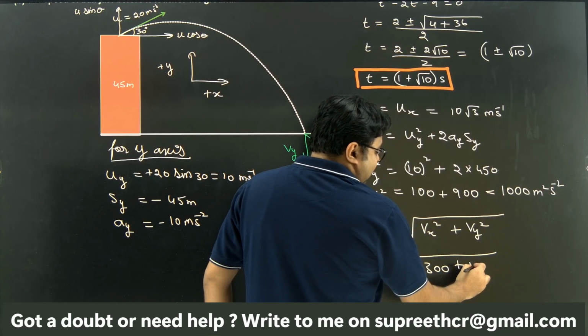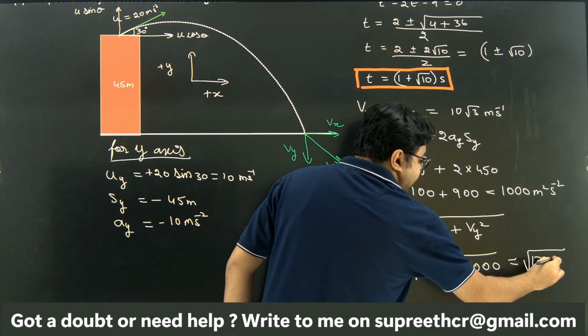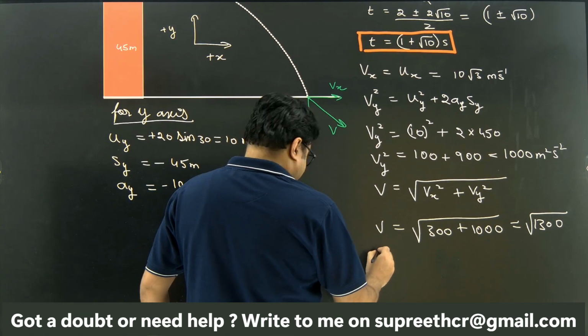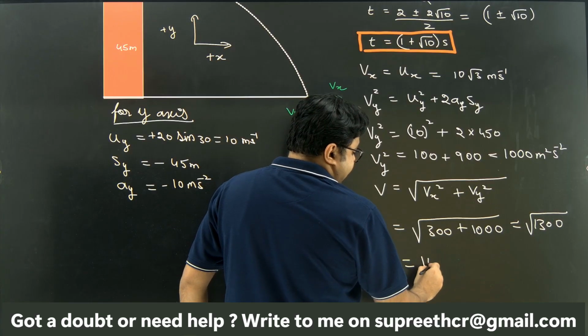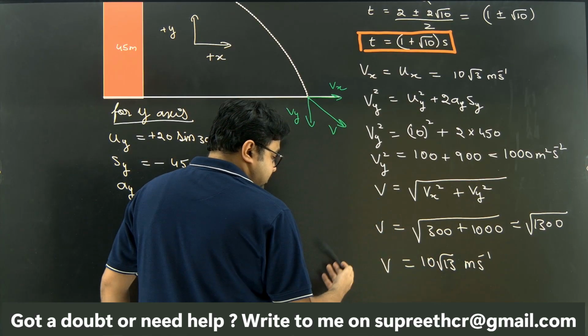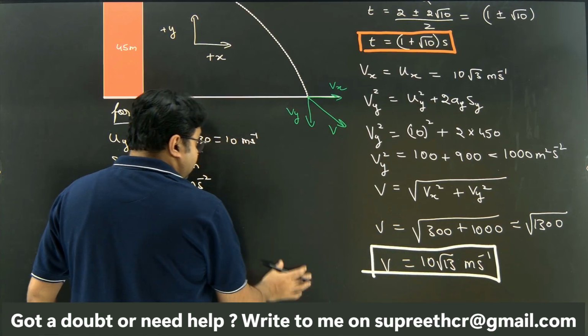It's already there. We have 1000. The answer is root of 1300. Root of 1300, dear friends, is going to be 10 root 13 meter per second. This is the final answer for the velocity with which it strikes the ground.